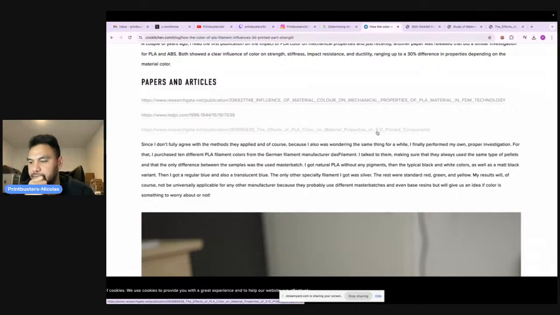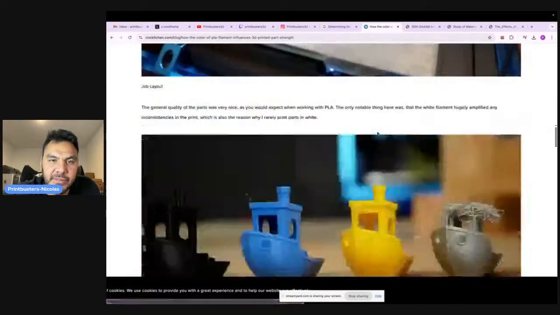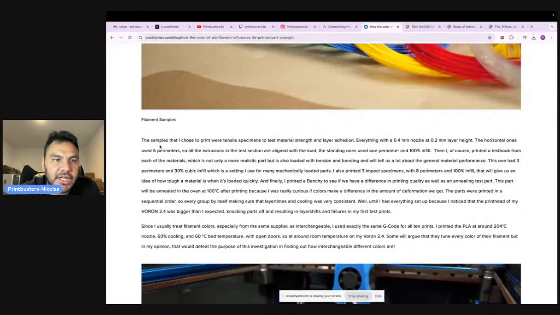But what I would say is, let me think about it. In the master batch, there is not only the pigment or the dye, right? There is other stuff that's going to help the formula itself. Yeah, I'm still thinking about it, but let's continue. "The samples that I chose to print were tensile specimens, blah blah."